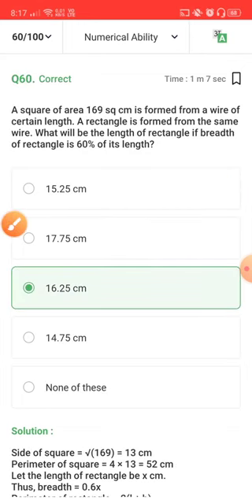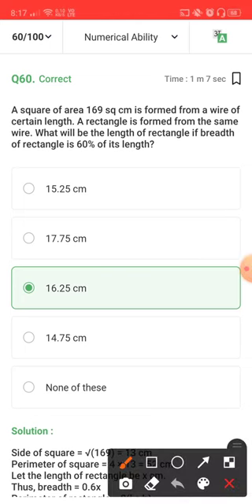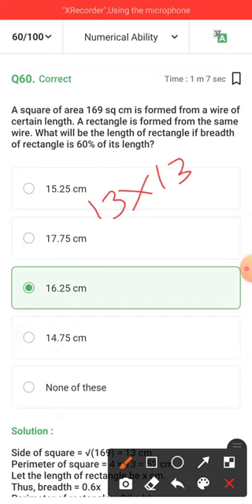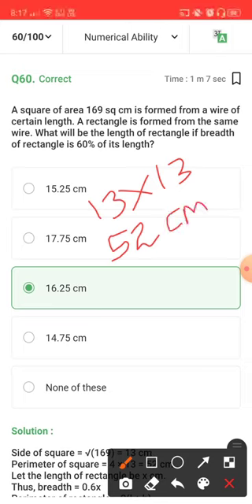The next question. Here the area of a square is 169 centimeters squared, formed from a wire of certain length. So the side is 13, that is 13 into 13. So the total length of the wire is 52 centimeters. If a rectangle is formed from the same wire, what will be the length of the rectangle if the breadth of the rectangle is 60% of its length?